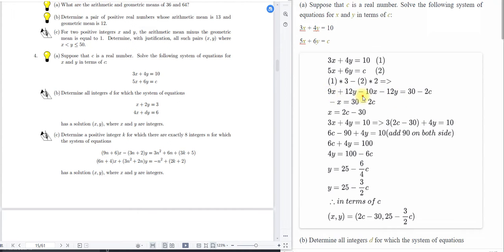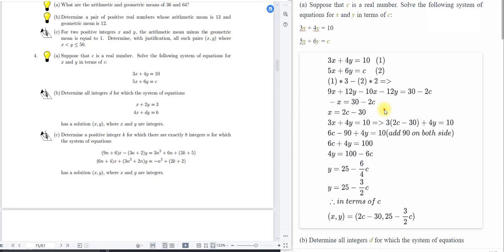And 9x minus 10x equals minus 1x equals 30 minus 2c. And we multiply by minus 1 on both sides. So it becomes x equals 2c minus 30.